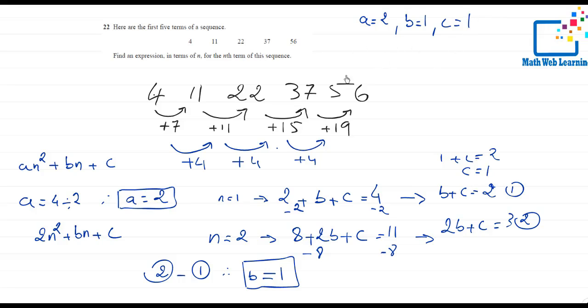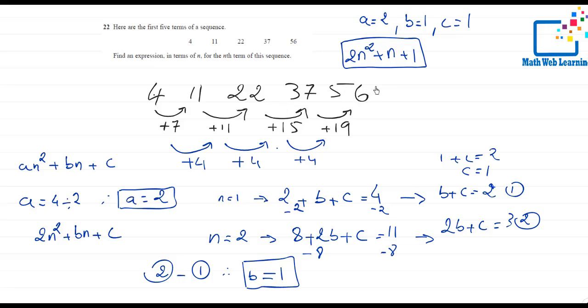Now we've got all our values, a, b, and c. Let's put them in our expression. So the expression is 2n squared plus n plus 1. That is your expression for the nth term.